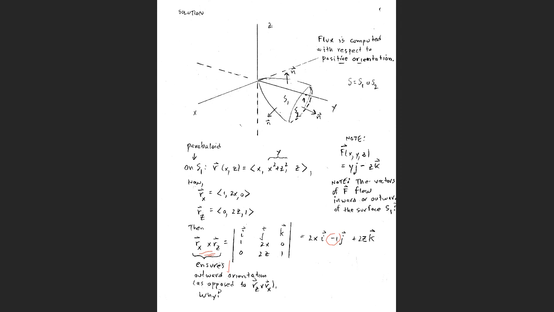And also, I guess we answered the second question. Well, actually, hold on. Look at the vector field F. The vector field F is yj minus zk. So do the vectors in my vector field flow inward or outward from the surface S1?